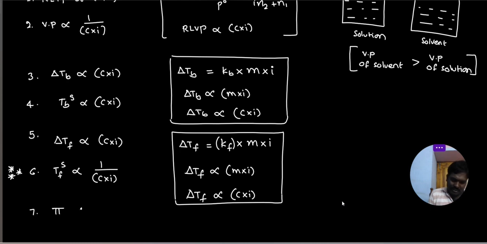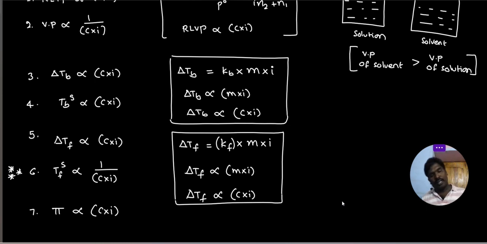Now osmotic pressure is directly proportional to C into i. So these are the important relations. Understood? Relative lowering of vapor pressure is directly proportional to C into i. Vapor pressure of the solution is inversely proportional to C into i.